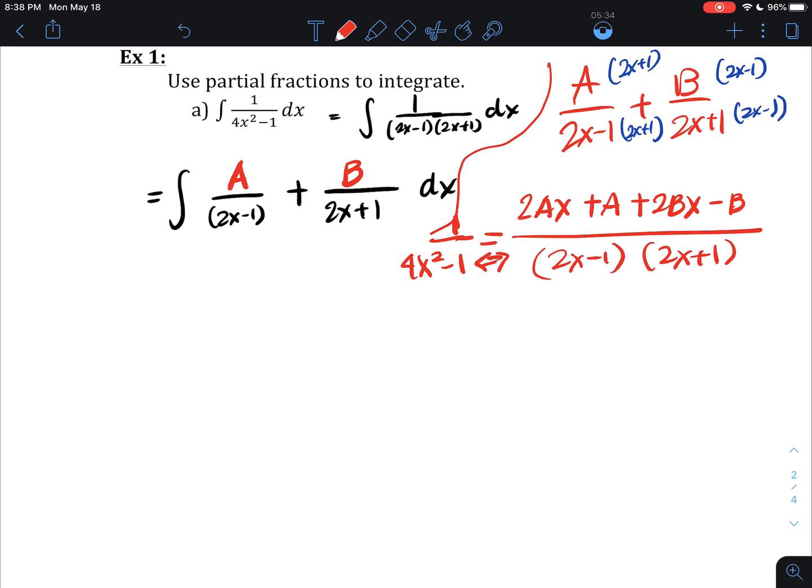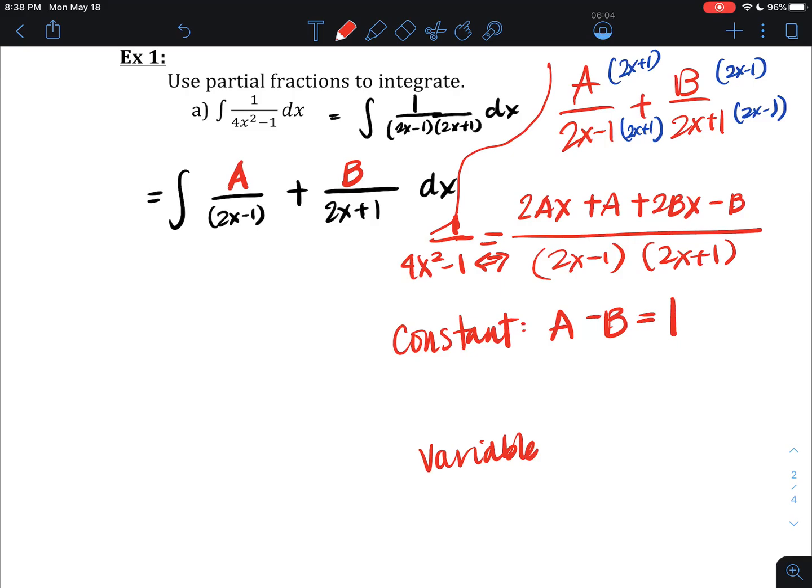So the denominators are equal, but now my numerator is not equal. So what I'm going to do is separate my constant terms and my variables. Okay, so what are my constant terms? Well, a minus b equals, and what's my constant term on the left-hand side, which is just 1.